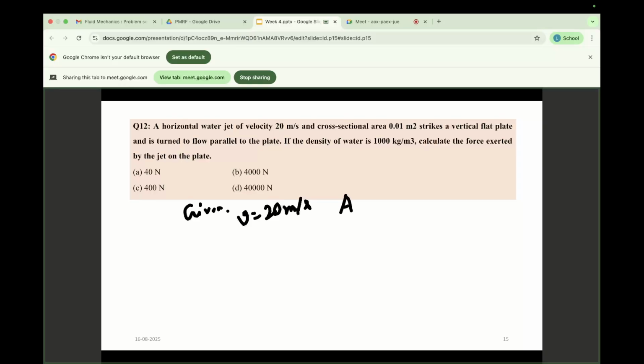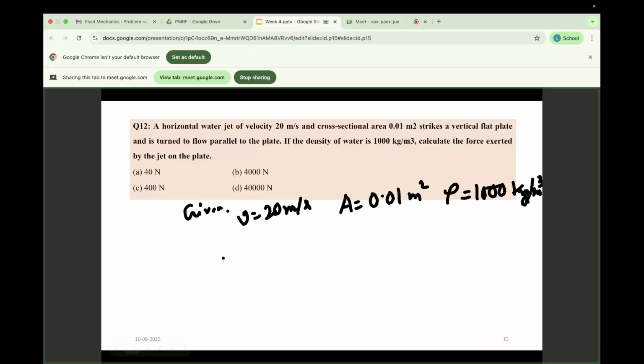Area is given, that is 0.01 meter square, and density also given, that is rho is 1000 kg per meter cube. Okay, that is given.